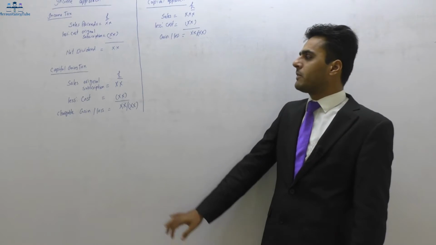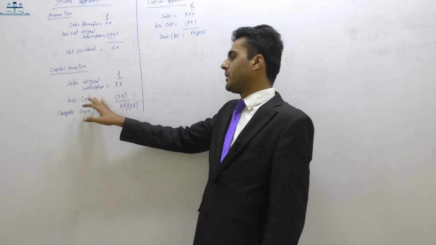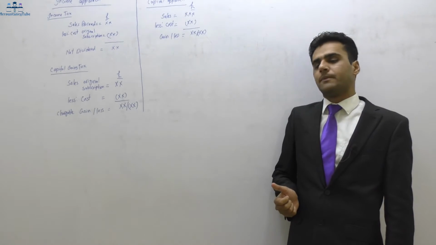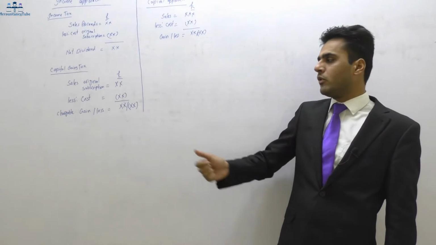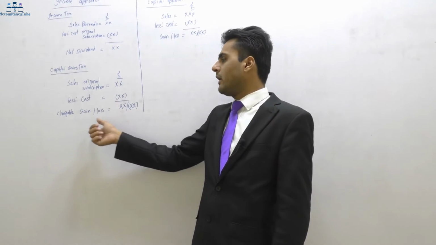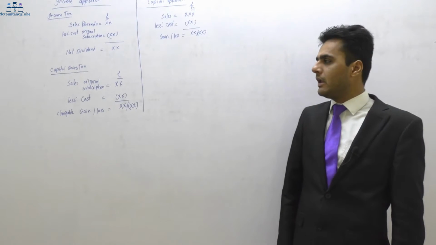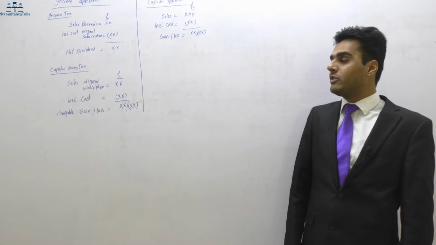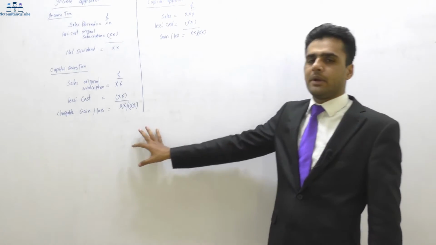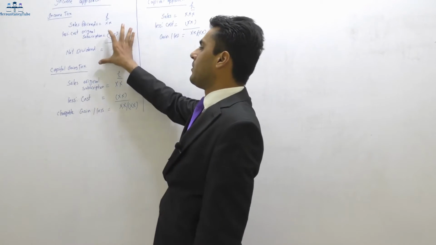Sometimes the cost at which we bought it could be more than the original subscription price. In that case, it would be a loss, a chargeable capital loss. Otherwise it would be a chargeable gain if the sales, which means original subscription price, is more than what the cost was. So it could be a capital gain or a capital loss. That is our income approach.